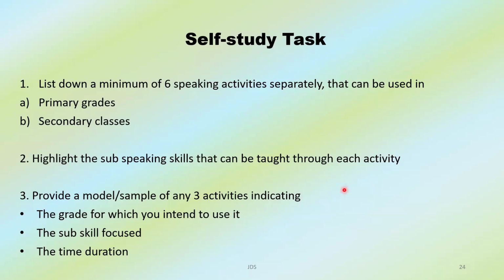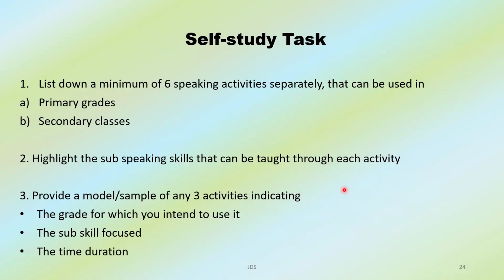Understood? Yes, ma'am. One more question, ma'am. The third question we need to answer: we are to teach only speaking activities, right, ma'am? Comprehension and other things are not involved, right? I didn't get what you are asking. Can you repeat the question? The third question, ma'am, provide model sample of entry activities.